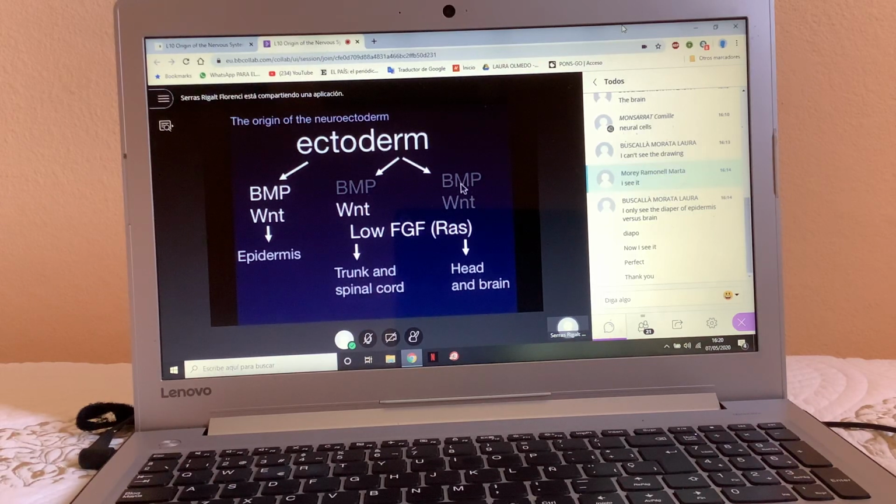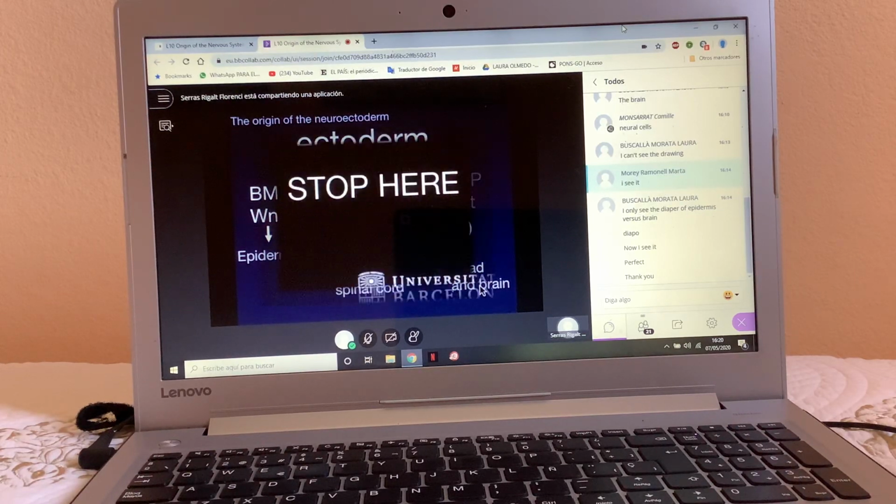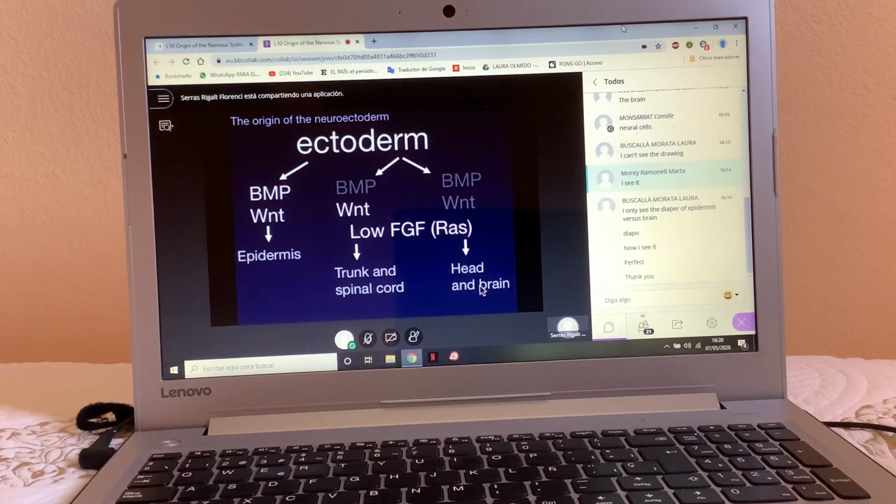Now if there is no BMP and no Wnt, this is going to be the head or brain, the most anterior part of the nervous system. Okay, and with this image, I would like to stop here, and that's all I wanted to tell you. And thank you for waiting a bit longer than what was programmed for this talk.